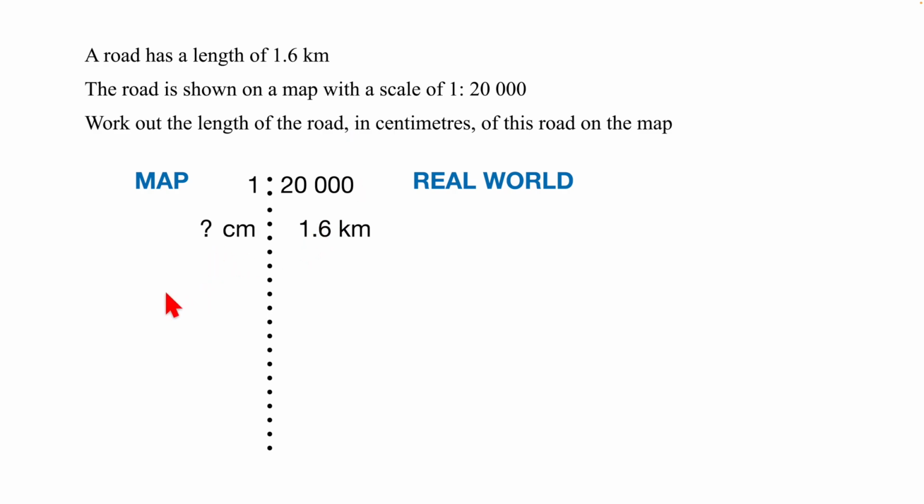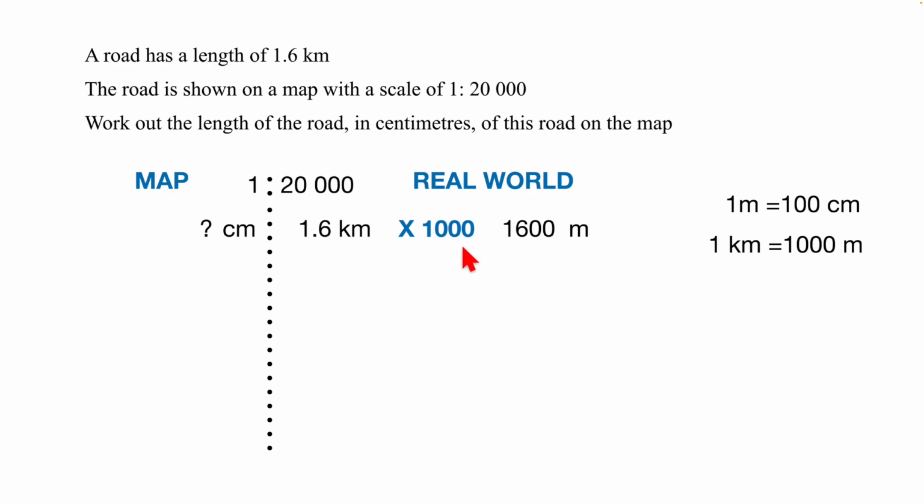How many centimetres? Well, it's easy to freak out because centimetres and kilometres don't have much in common. But they have something in common. Let's work out what it is. 1 metre is 100 centimetres, and a kilometre is 1,000 metres. Okay, so if 1 kilometre is 1,000 metres, I need to multiply this by 1,000 to get how many metres.